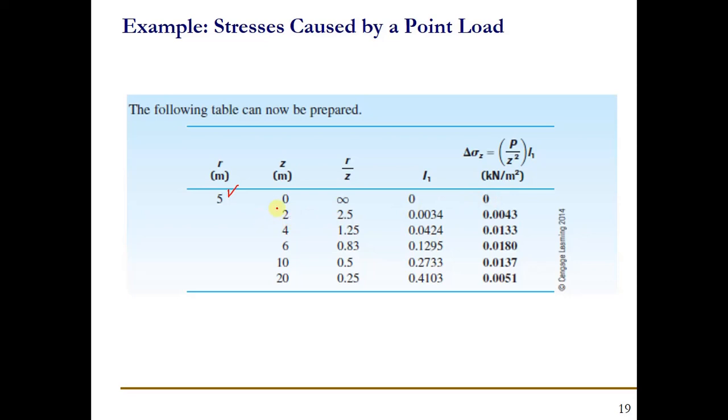Now for z 2 meter, r by z is 2.5 and I1 will be equal to 0.034, and we can easily find out the delta sigma is 0.043. Similarly, we can find these delta sigma stress increase values.